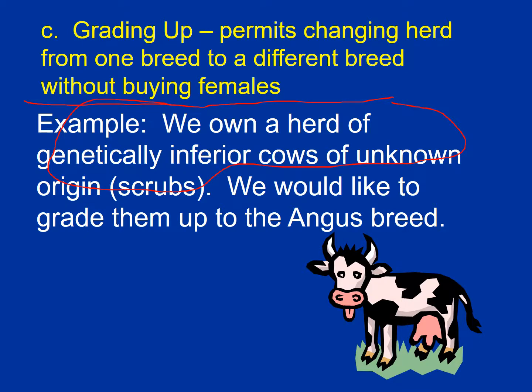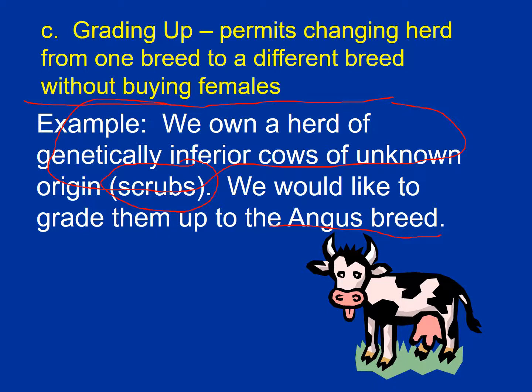So our great-great-uncle died. He left us a farm with some cows. Well, they're just a mixed up group, kind of lack uniformity, and so we need a more uniform group so that when we sell the weaned calves, we can top the market.